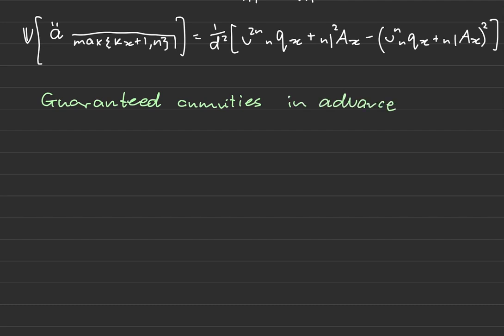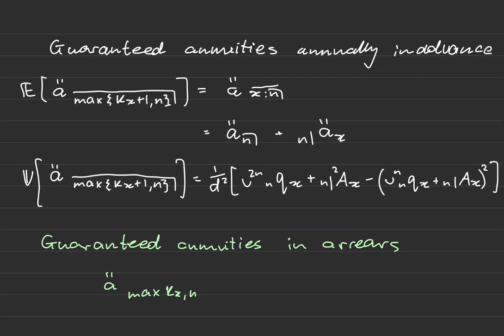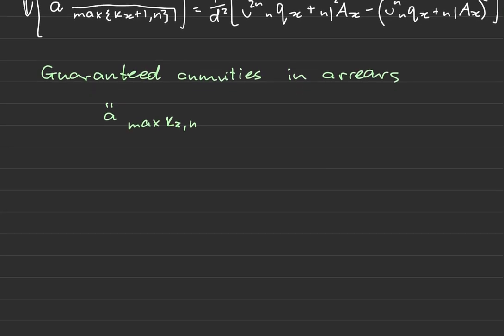Okay, and the present value random variable will be a max of kx and n, sorry, this should be in arrears. So we've already done in advance. Now I want to do in arrears. And so I won't have those dots. Okay, and that's the present value random variable.